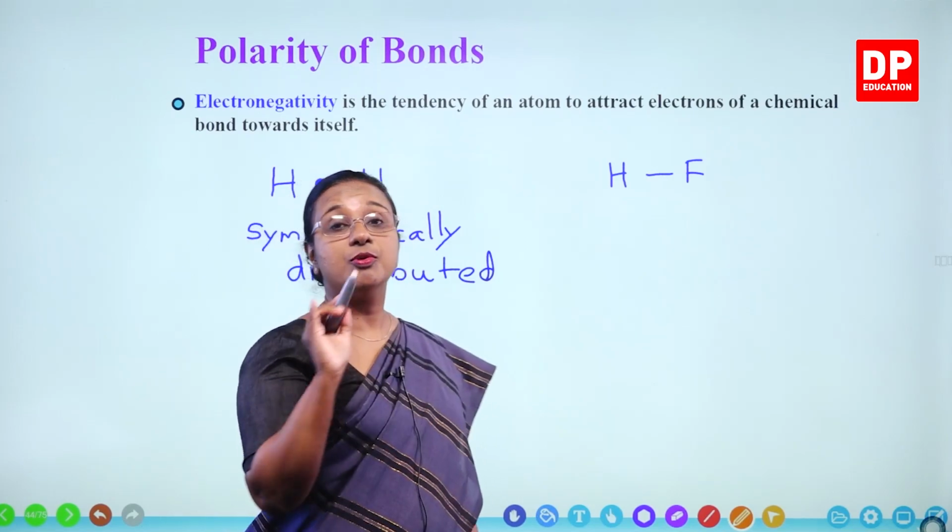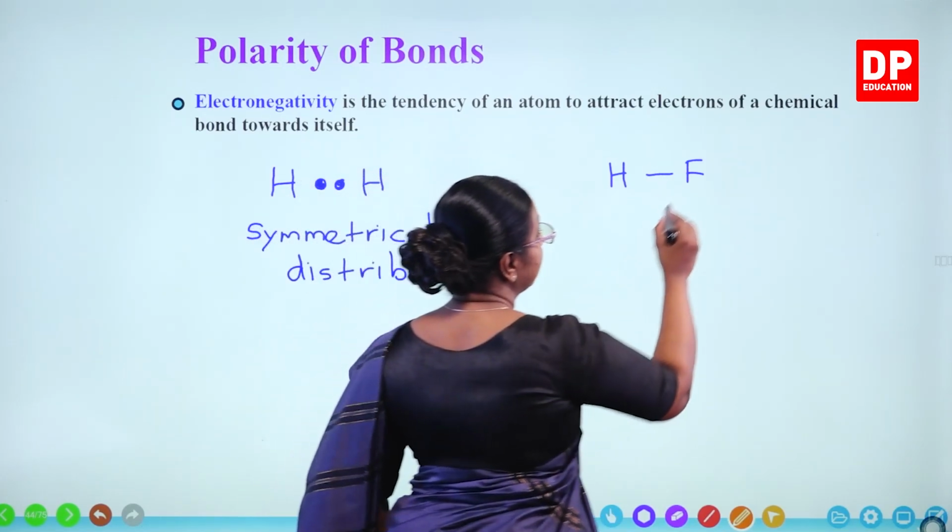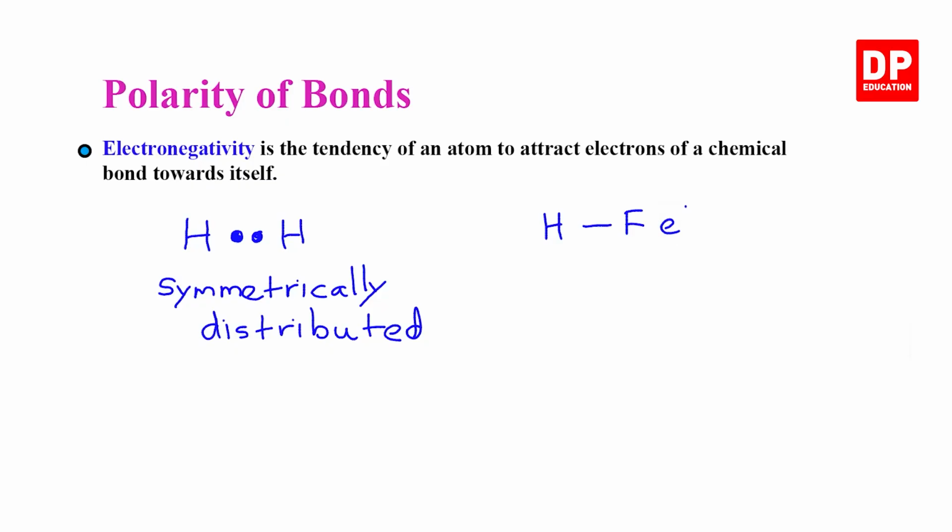You all know fluorine has the highest electronegativity. So this is the electronegative atom, whereas hydrogen is less electronegative.